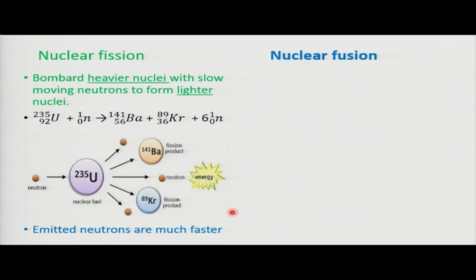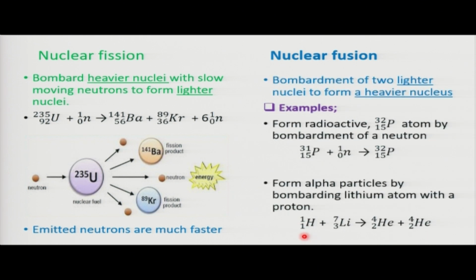So with fusion, you bring atoms together, you fuse, you bring atoms together. This is a characteristic for bringing together lighter atoms to form a heavier nucleus or to form a heavier element. See the examples we're having.